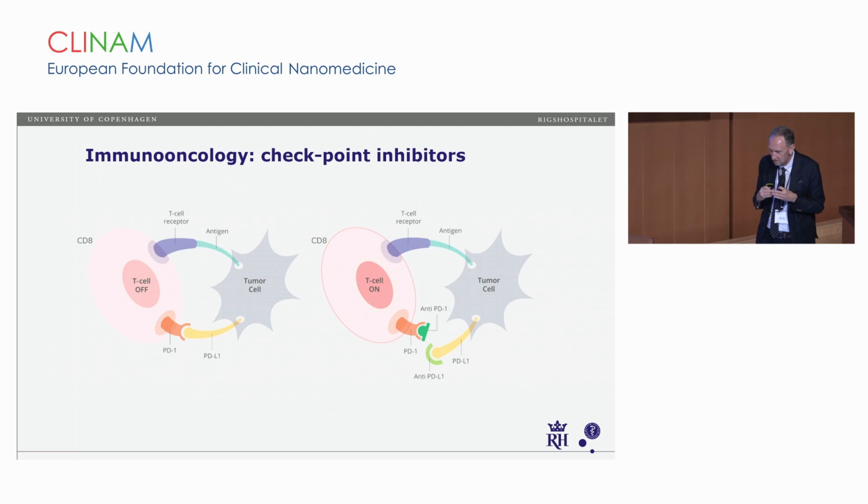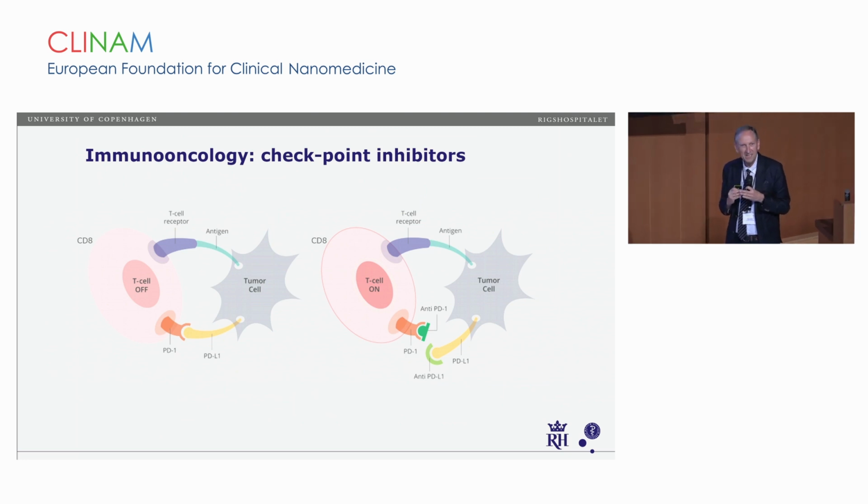And then, of course, the immense breakthrough with checkpoint inhibitors was the idea of not pushing on the immune system, but just removing the foot from the brake, and then you got the activation, and it worked.